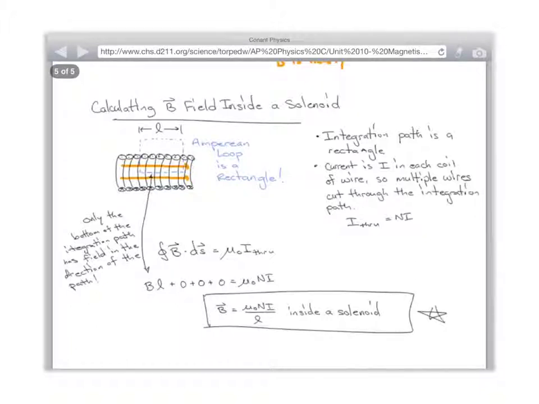So here's how we do it. To draw our little Amperian loop, we draw a loop that has an edge along the inside parallel to the field, an edge along the outside where there's no field, and an edge here and an edge here. Does this edge and this edge count, Shrina? What do you think?